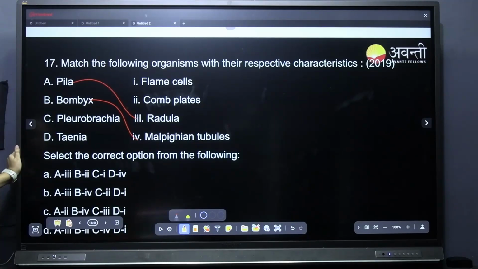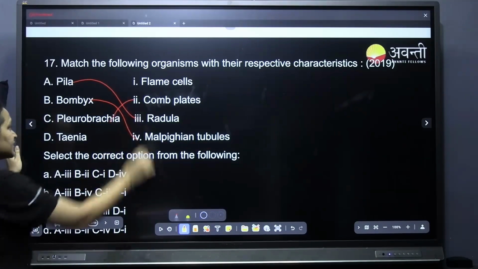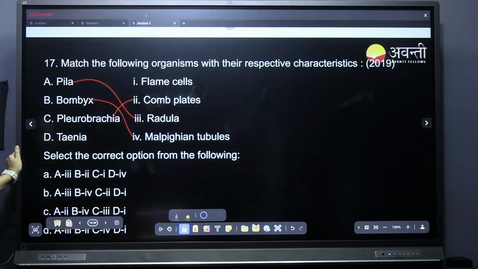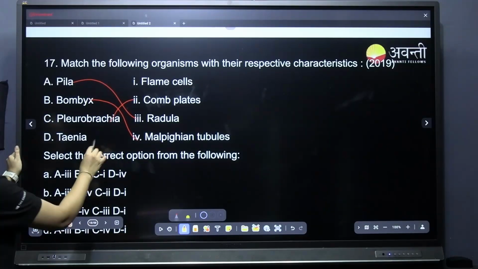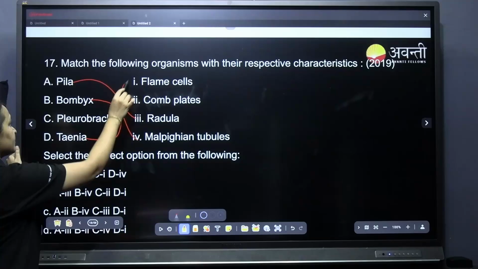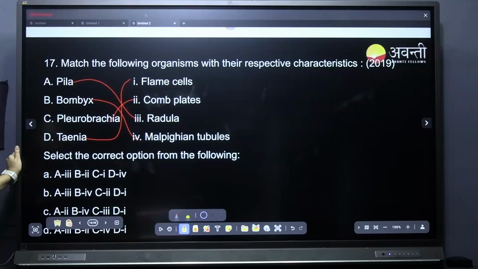Pleurobrachia is a ctenophora which has comb plates, and Taenia, that is a platyhelminth which has flame cells. So, A3, B4, C2, D1, B for Bombay as a correct answer.